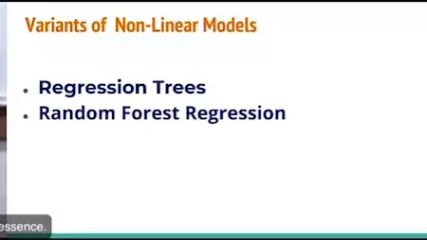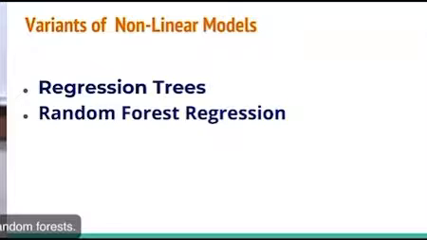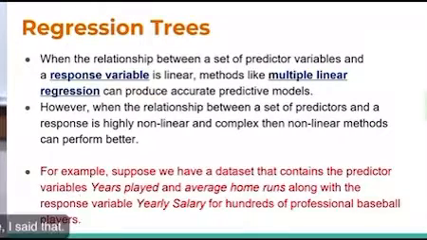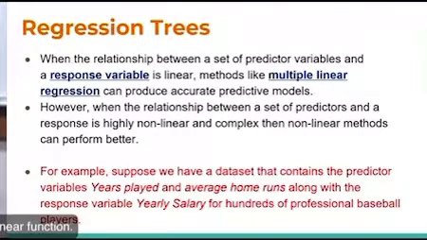So that's the essence. We want to go into other variants of nonlinear models called regression trees and random forest. Let me start with the regression trees. Of course, when the relationship is complicated, we're basically going to use a nonlinear function.